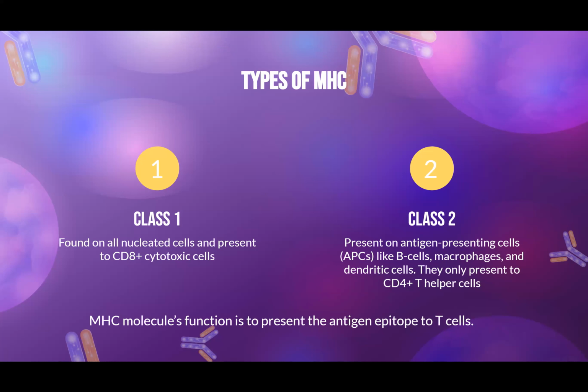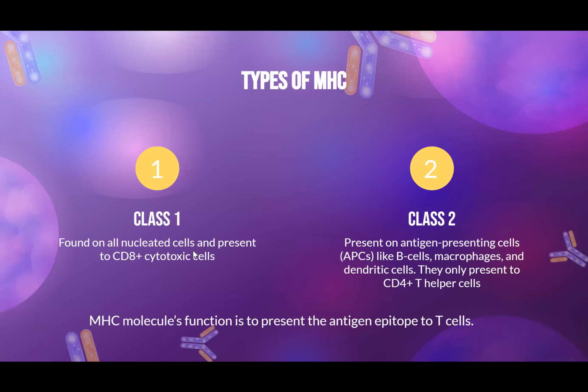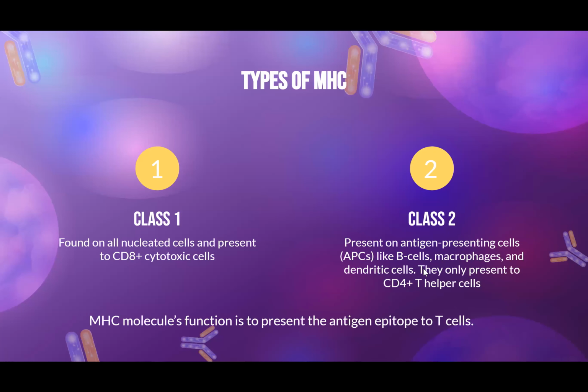The MHC molecule's function is to primarily present the antigen epitope to these T cells. And here in this picture, you can see MHC class 1 right here, which presents to CD8, and class 2, which presents to CD4, which we said in the previous slide.